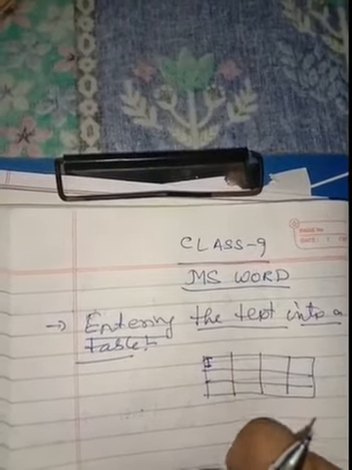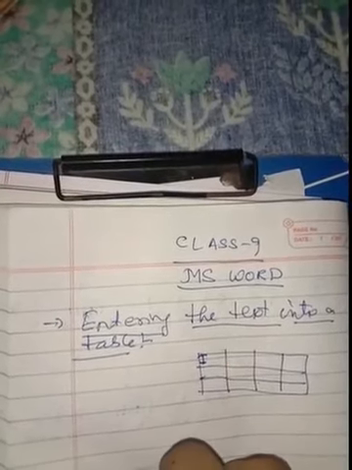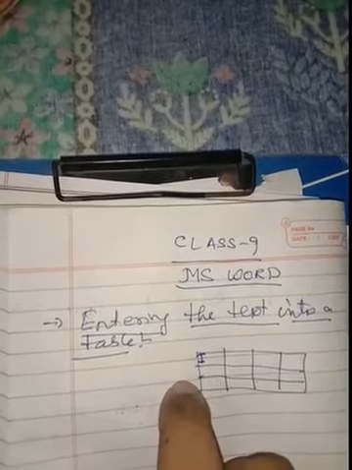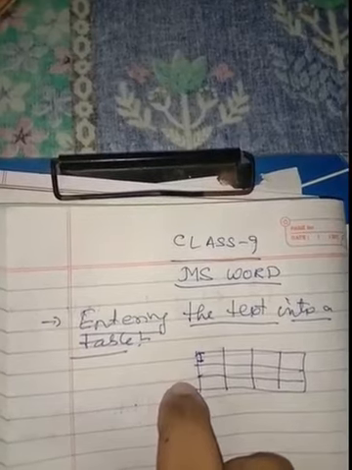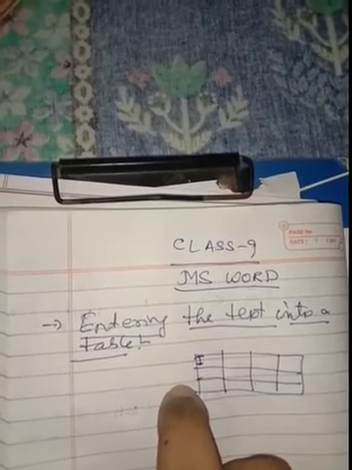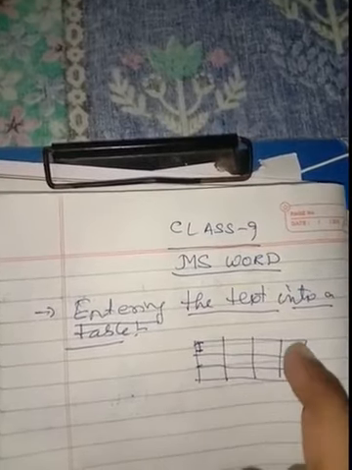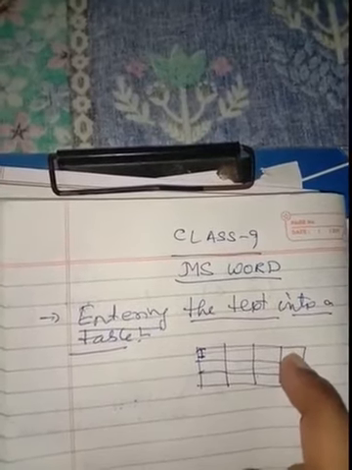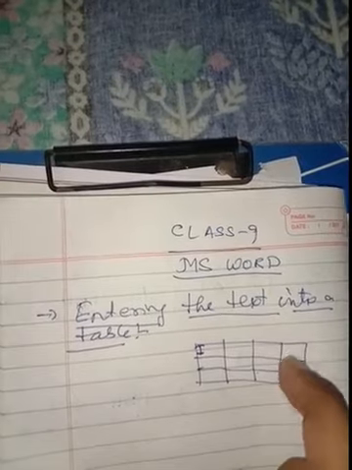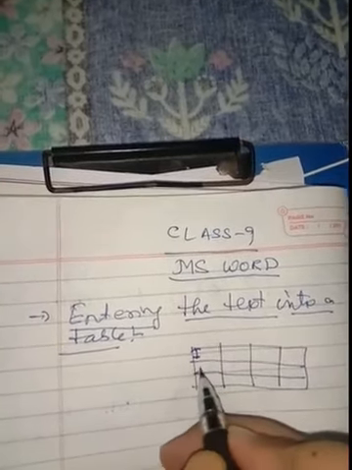As soon as the text is entered in the cell, move to the next cell of the row by pressing the tab key. Once you reach the last cell of the row, press the tab key to go to the first cell of the next row. This means that when you reach over here and press the tab key, it will bring you over here.